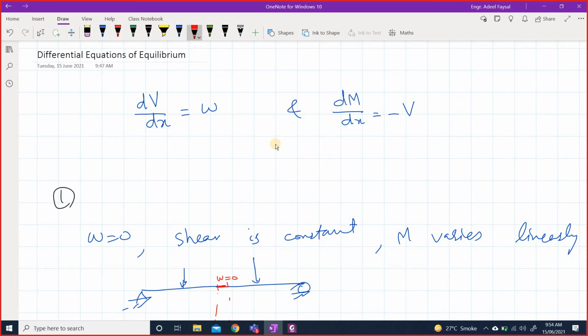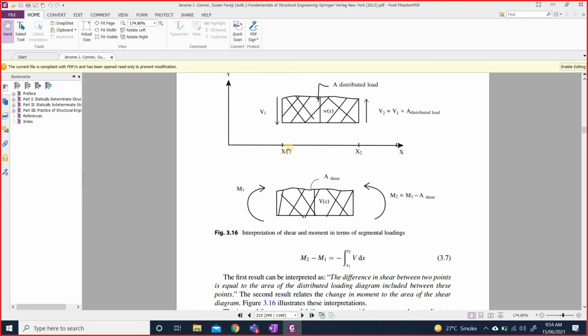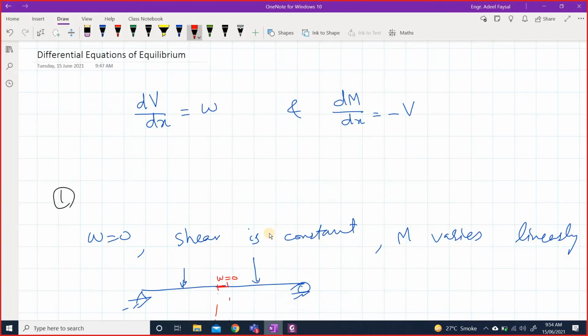The other way is if we consider a segment of the beam between 2 points x1 and x2, and you integrate these equations between x1 and x2. If you consider a segment of the beam between x1 and x2 and you integrate, for example, this equation, you will see that by integrating this equation, you write it as v2 minus v1 equal to the integral of w dx between x1 and x2.